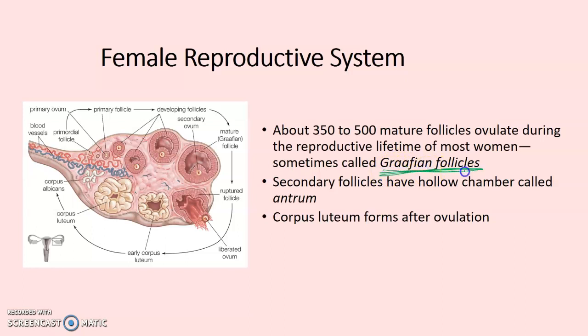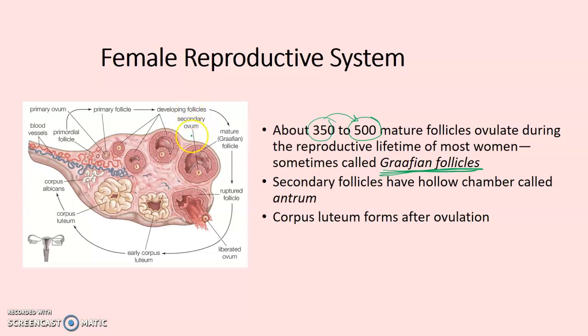So most women over their entire lifetime, if you think about the luteal cycle happening 12 times a year, and let's say that happens for 10 years, that's 120 times, right? So it's easy to think that a woman can have 350 to 500 mature Graafian follicles bursting to give rise to a mature ovum that has the potential of being fertilized.